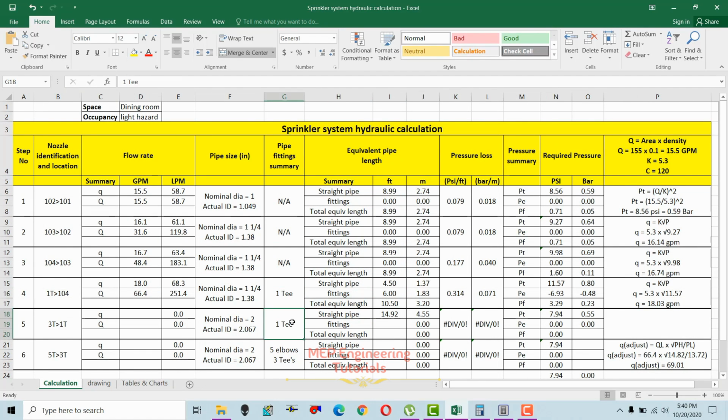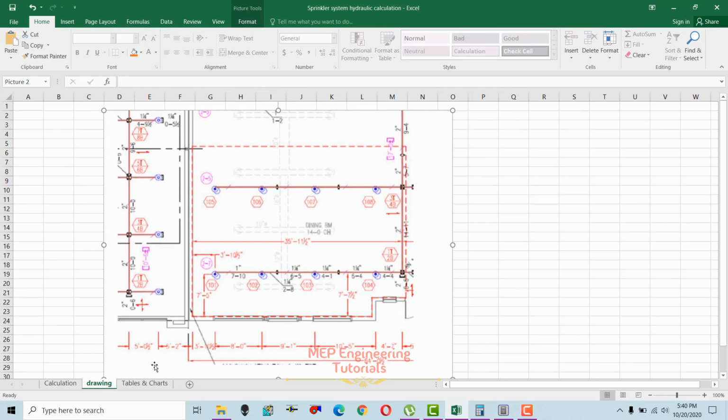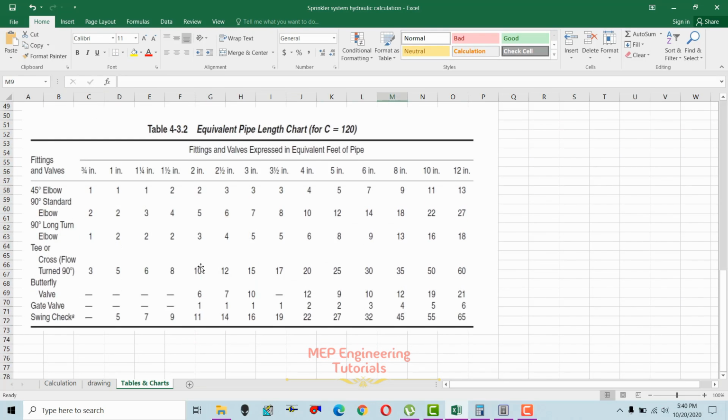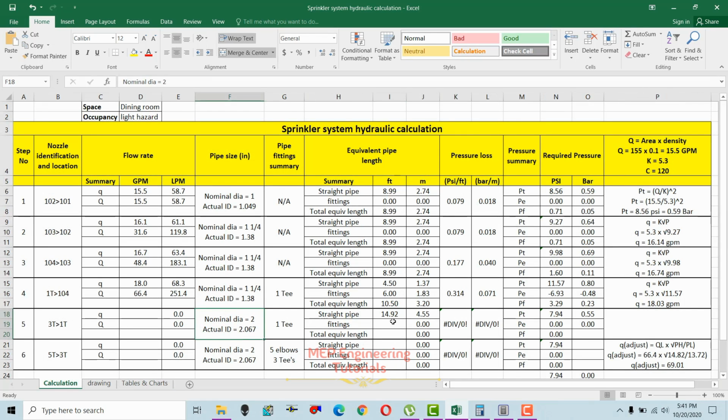Just check the tables and charts for the equivalent length of a 2-inch diameter T. So the 2-inch T is 10 feet equivalent length. So we write 10 feet in here, and total equivalent length equals straight pipe plus fitting, equal to 24.92.